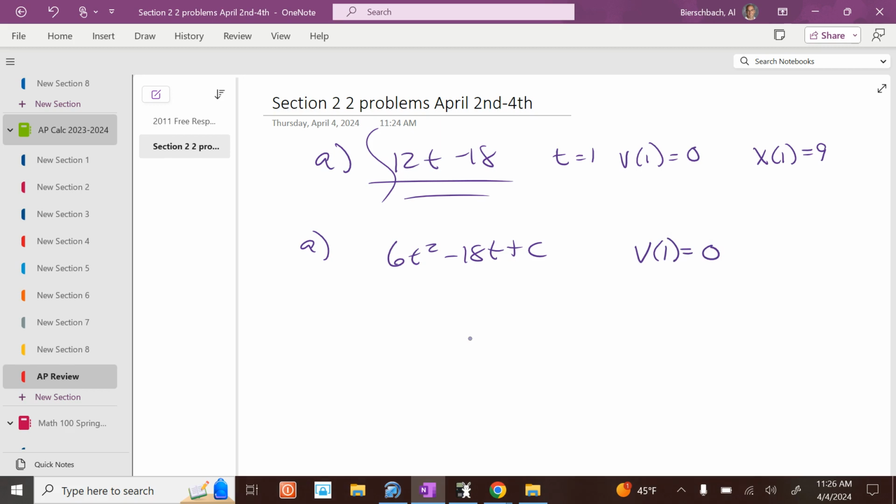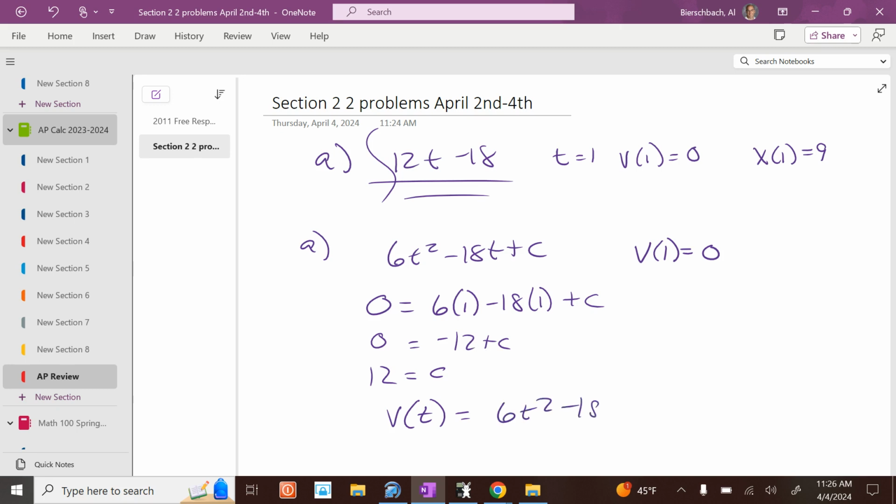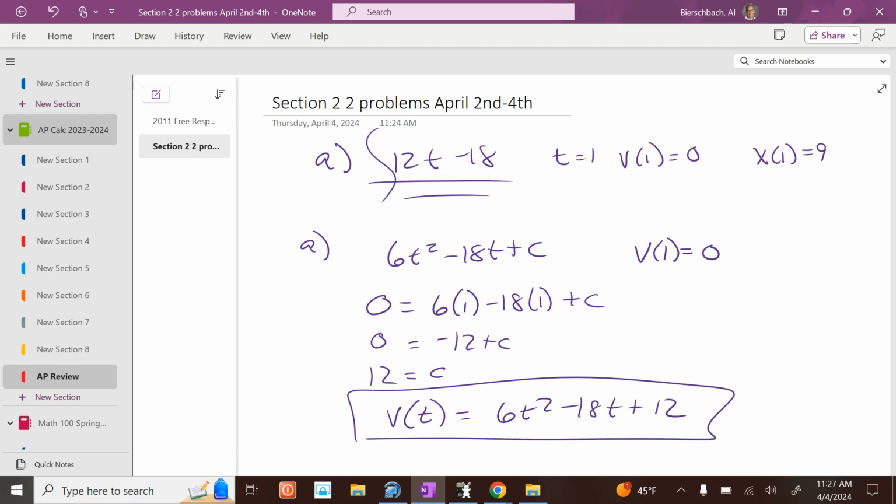So if we put in a 1 for each of these, 0 equals 6 times 1 minus 18 times 1 plus c, then 0 equals negative 12 plus c, so c must equal 12. So the velocity function at any time would be 6t squared minus 18t plus 12. Okay, part A.